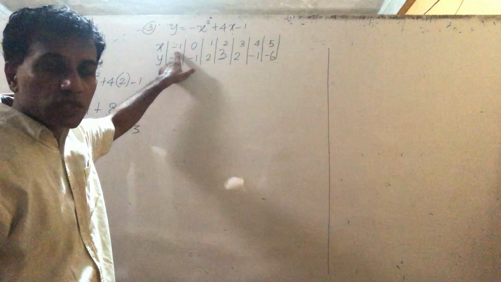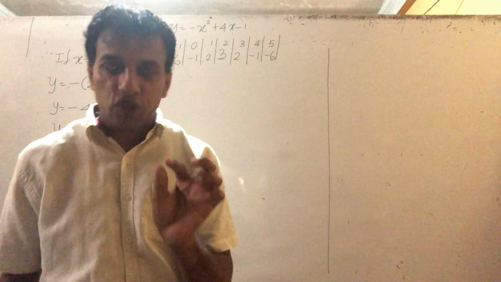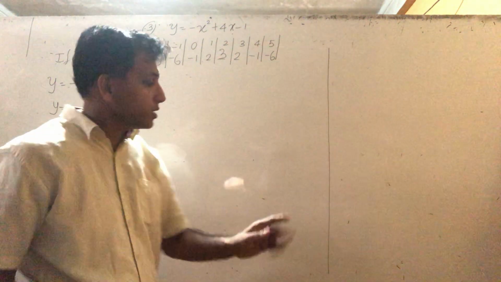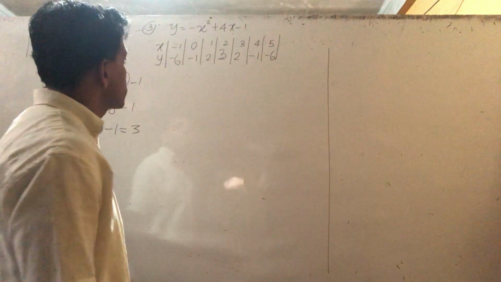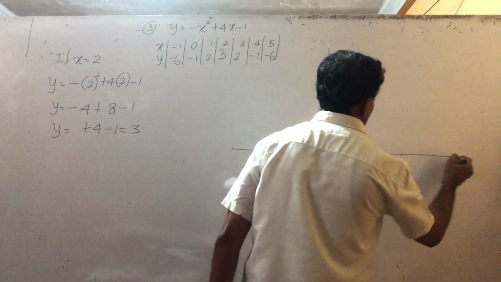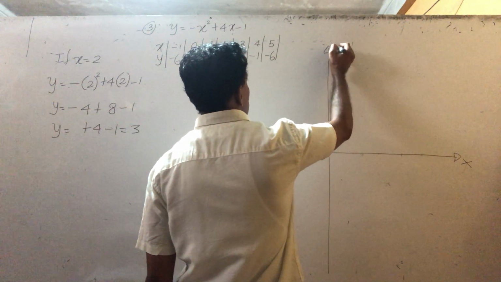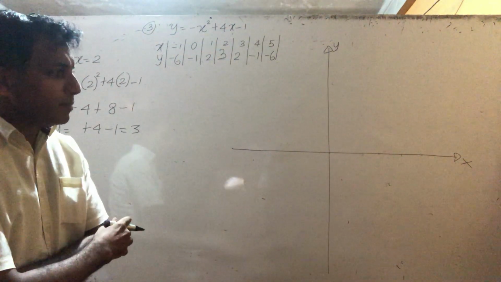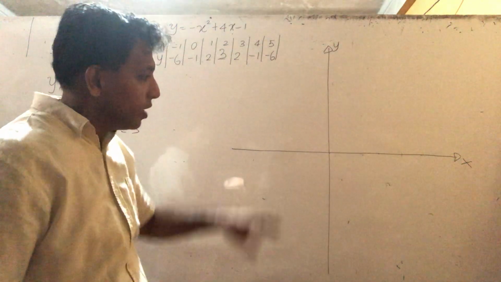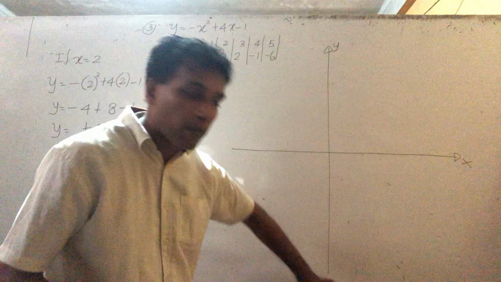Usually in the market we have millimeter graph sheets. Take 2 big squares for 1 unit. When drawing the maximum graph, the peak point is the important part. When you draw the minimum graph, the lowest point is the important part.